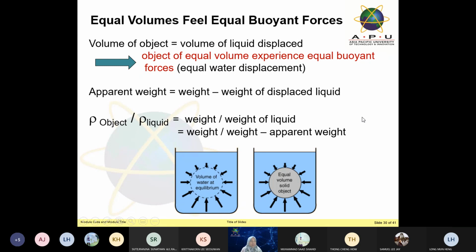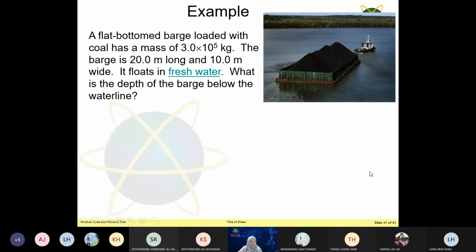So the volume of the object is equal to the volume of liquid displaced, like the picture just now. Apparent weight is equal to weight minus weight of displaced liquid. So it's the same as the one in the first picture. By using Archimedes' principle, it is suitable to use for this.